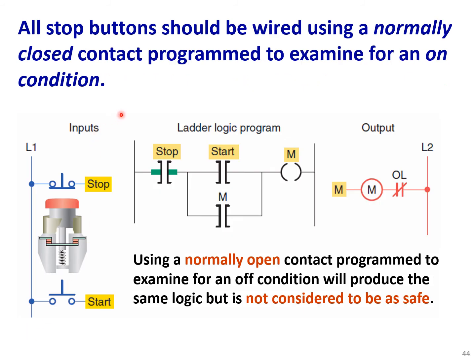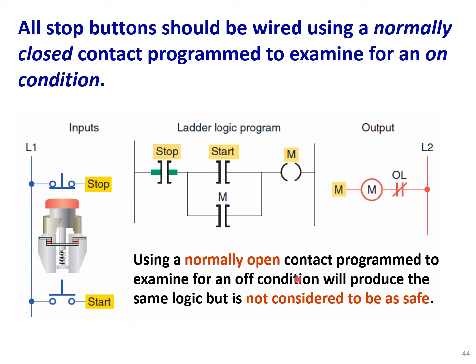All the stop buttons should be wired using a normally closed contact programmed to examine for an on condition. Usually, a normally open contact programmed to examine for an off condition will produce the same logic but is not considered to be as safe.